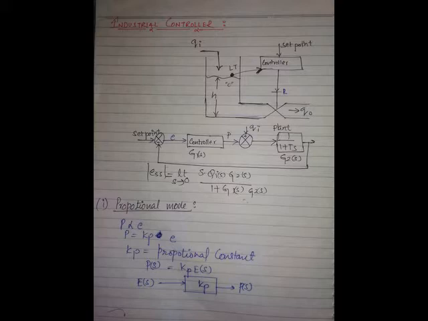So the equation is P is Kp E. 100 volts you are getting for 1 volt error. Kp value is 100. What is proportional band? 100 by Kp, 100 by 100 is 1. Percentage proportional band will become 1 into 100 equal to 100%. For 100% proportional band, for 1 volt error you are getting an output of 100 volts.